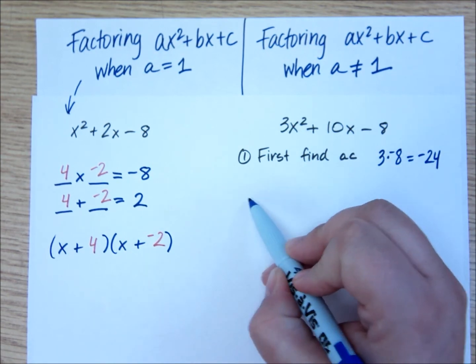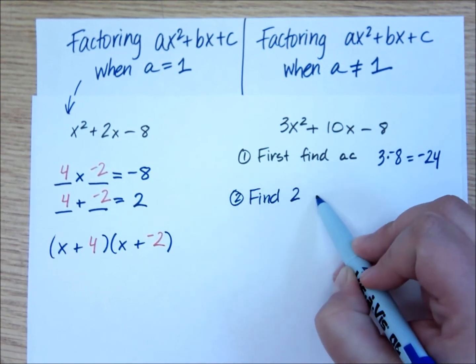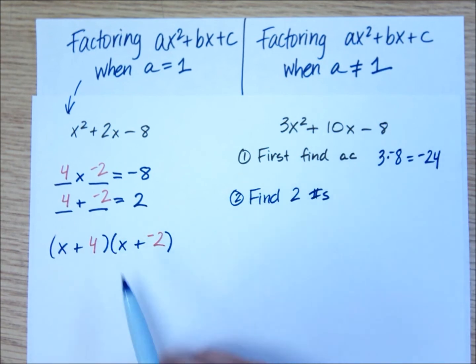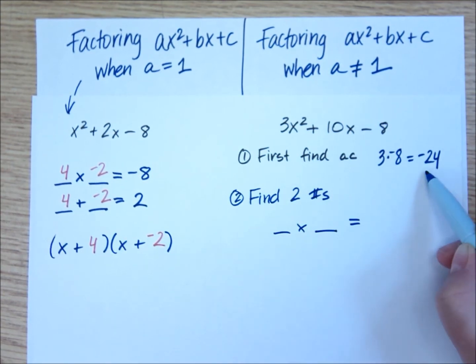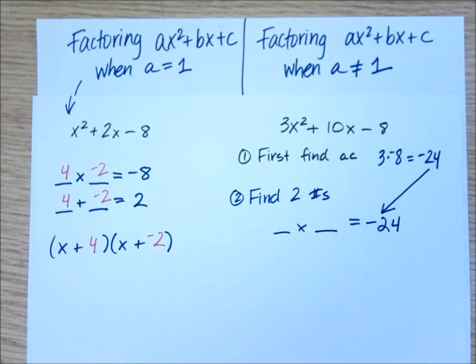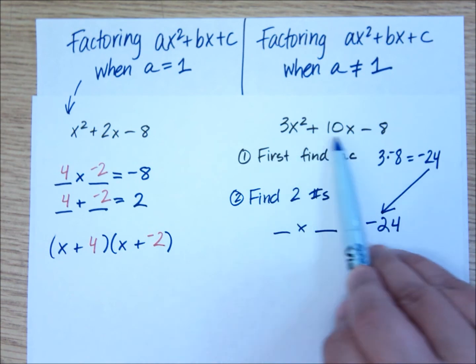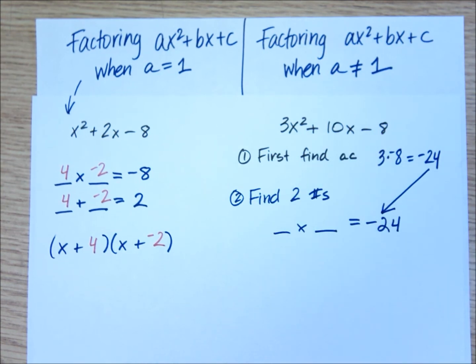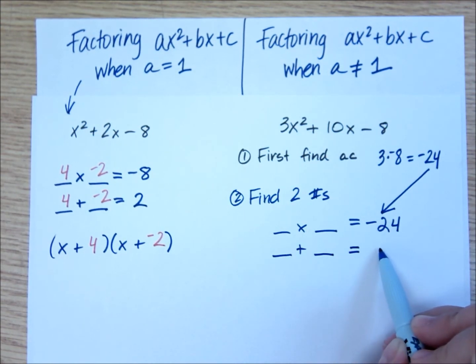Now I'm going to find two numbers just like I did over here, but this time they're going to have to multiply to give me that a times c number. In other words, it's not two numbers that multiply to give me just the c. It's two numbers that multiply to give me a times c. So that was the first thing I had to do, was find a times c. Now I'm looking for two numbers that multiply to give me a times c and add to give me b.